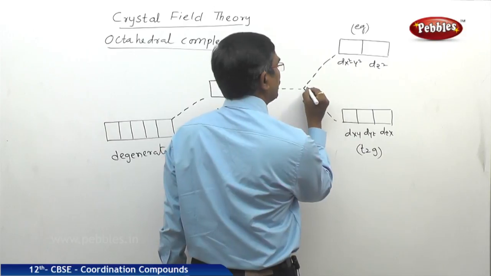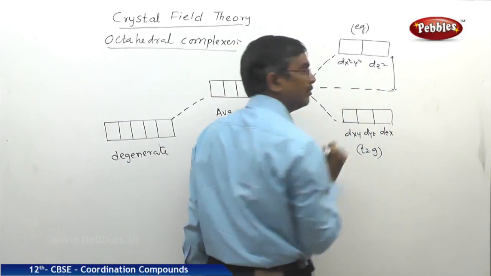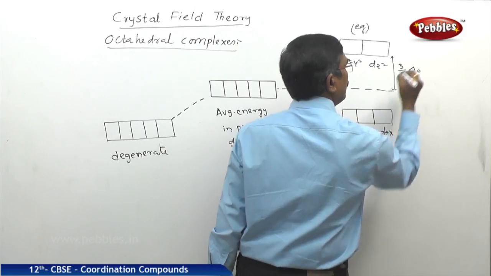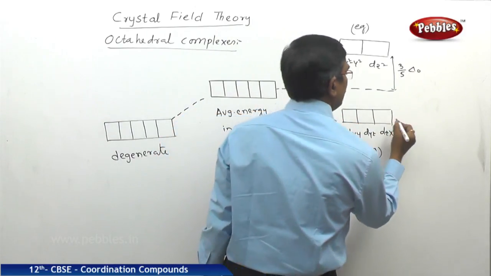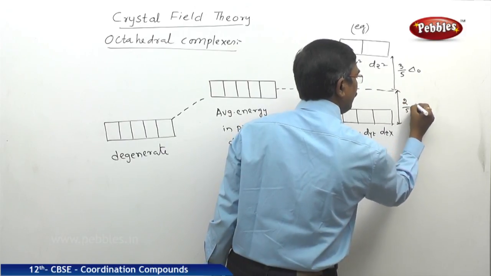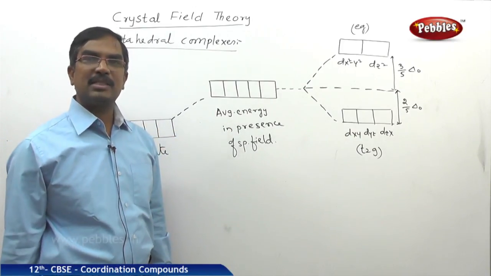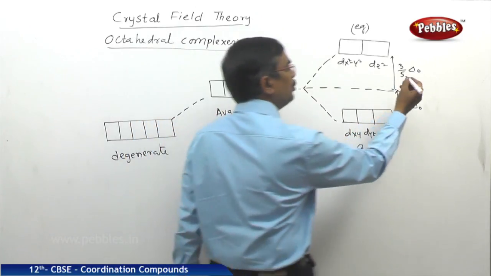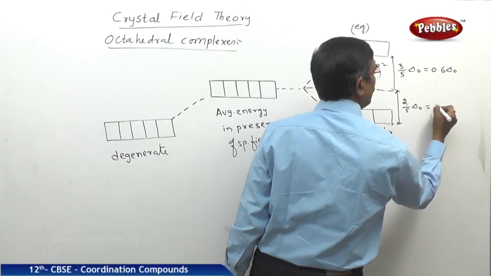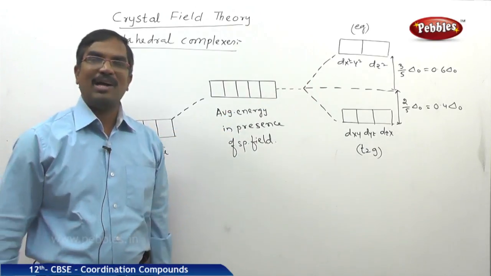Now the splitting, if we come across it, will be about 3 by 5 here, and 2 by 5 here. This we call d orbital splitting or crystal field splitting. This is nothing but 0.6 delta O, and this is 0.4 delta O. Here O stands for octahedral.